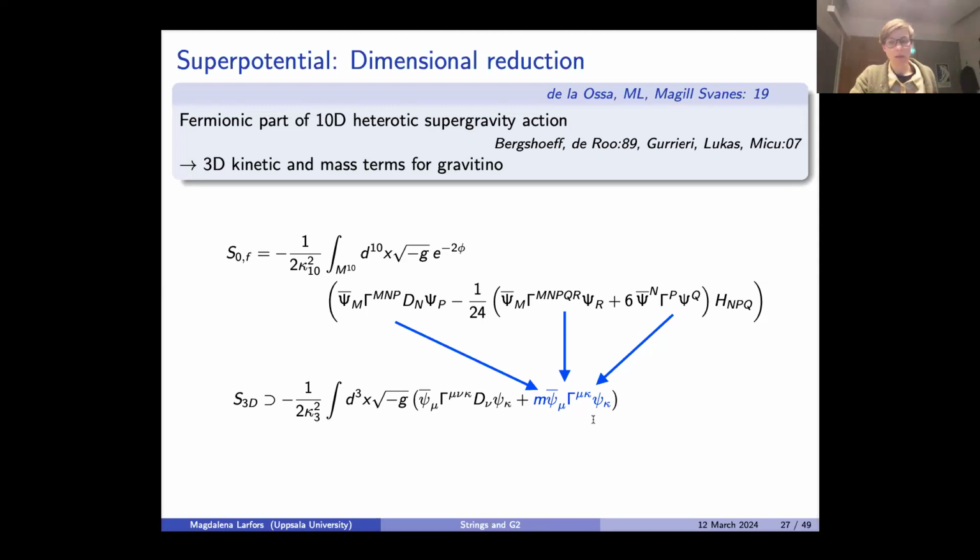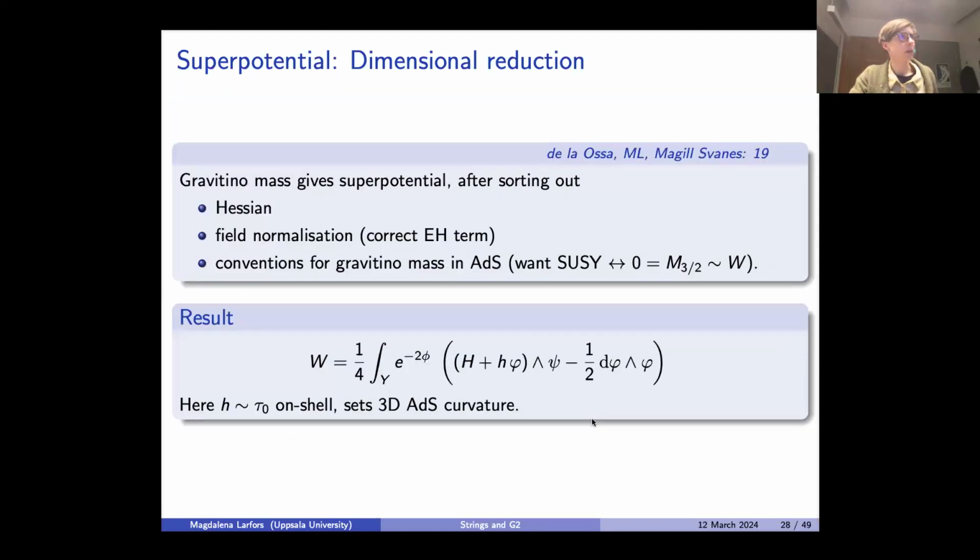So we compute this by dimensional reduction, and the result is that we get an expression which looks like this. So this is our superpotential. It contains the forms that define the G2 structure, phi and psi, and their exterior derivatives, so we have the torsion here.